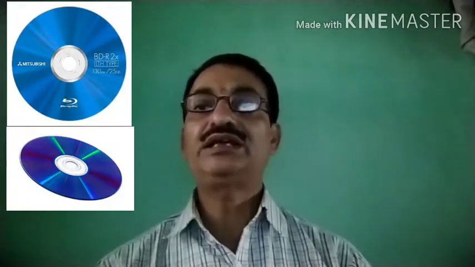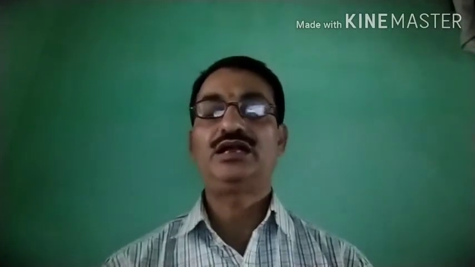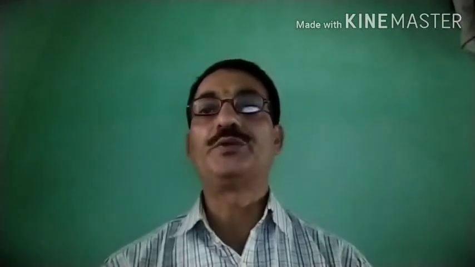One single layer Blu-ray disk has the storage capacity of 25 GB, but the double layer disk has the capacity to store about 50 GB of data, and it is also very durable. It is not easily scratched. That's why this Blu-ray disc is quite affordable and quite popular to store the high definition video.